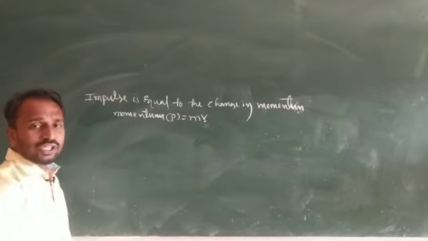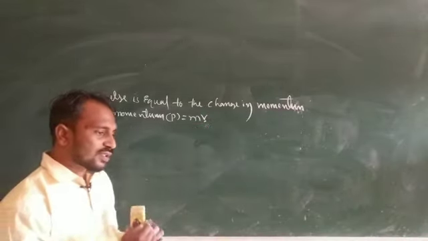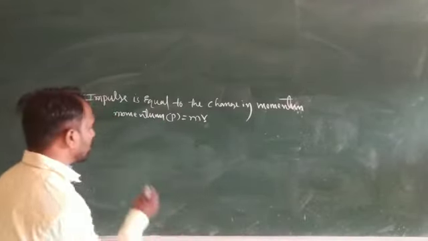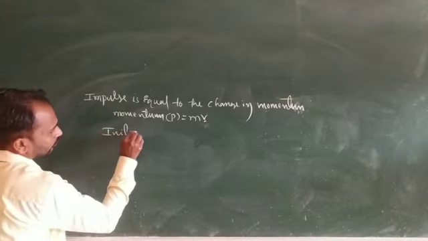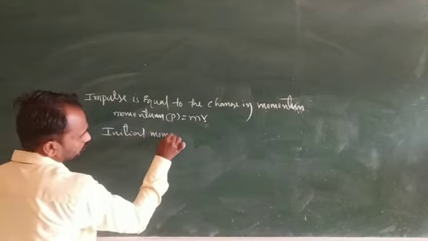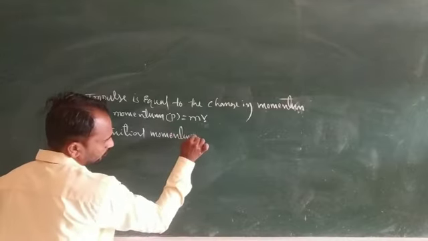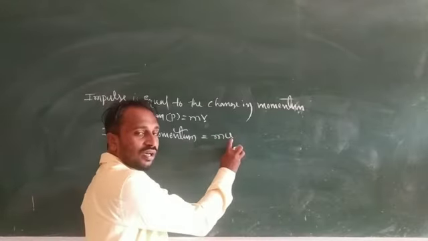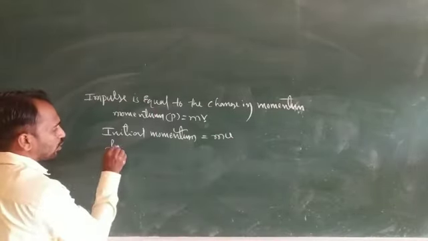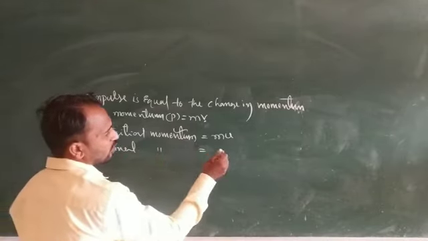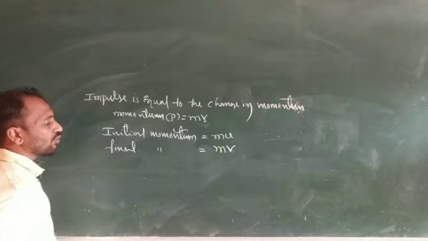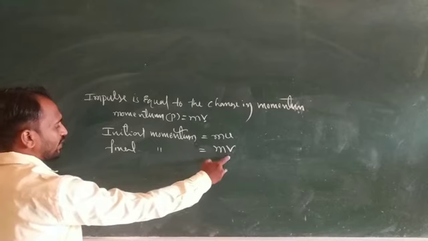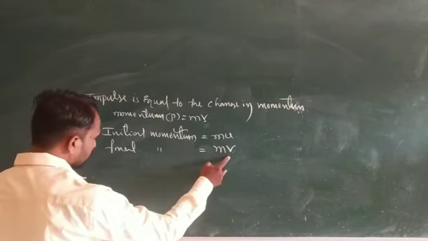Suppose the object just starts moving; in this condition we get the initial momentum, which is mu, because u is the initial velocity. The final momentum is mv, because v is the final velocity. So this one is the initial momentum and this one is the final momentum.